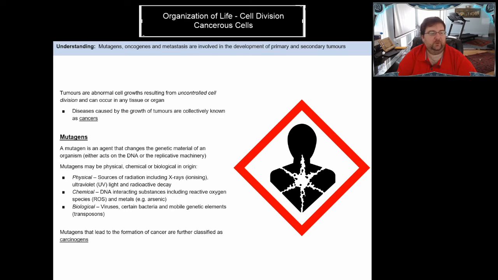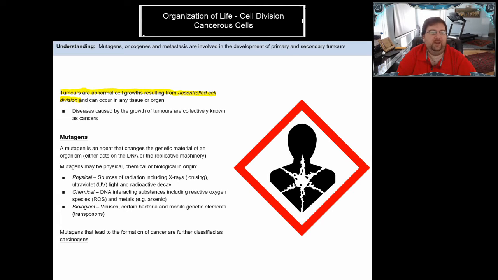Let's start off with coming up with a definition of tumors. Tumors are abnormal cell growths, and they result from uncontrolled cell division. When mitosis is happening uncontrollably and the cell begins dividing too quickly, it leads to abnormal cell growths that we call tumors.